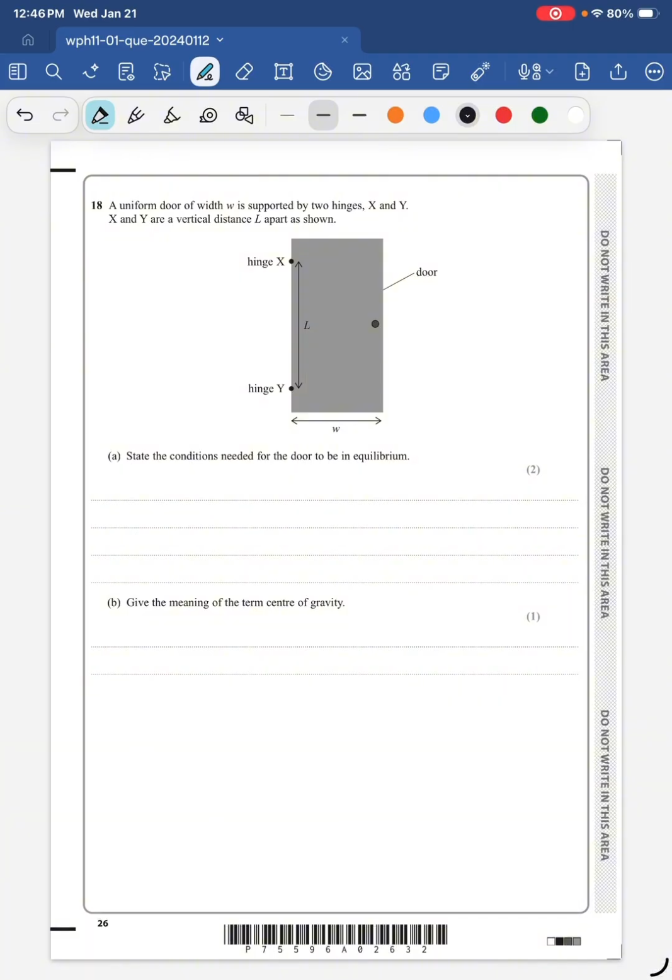So, question 18, a uniform door of width W is supported by two hinges X and Y. X and Y are a vertical distance L apart as shown. Okay, and they show you the door. State the conditions needed for the door to be in equilibrium.